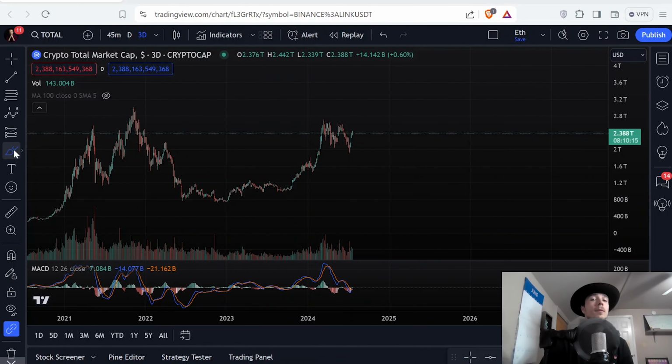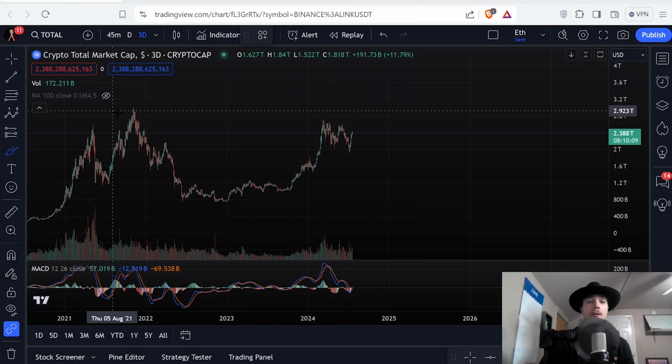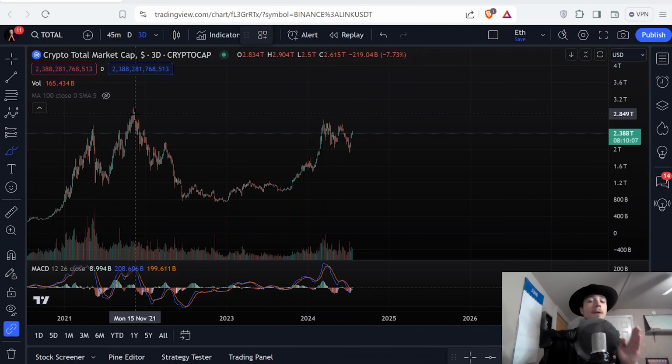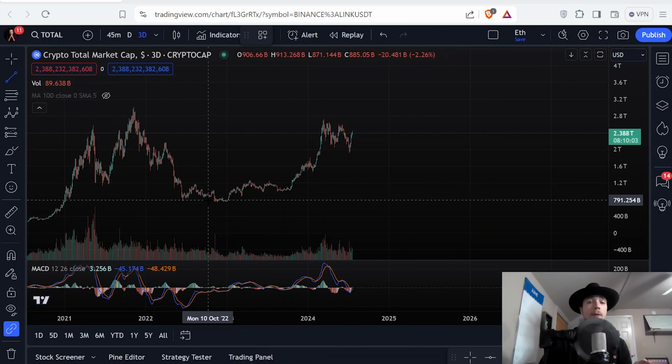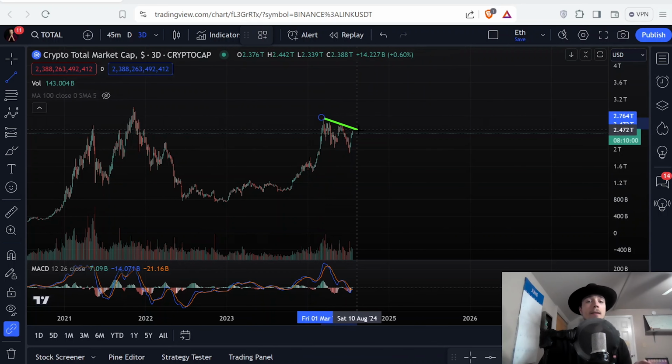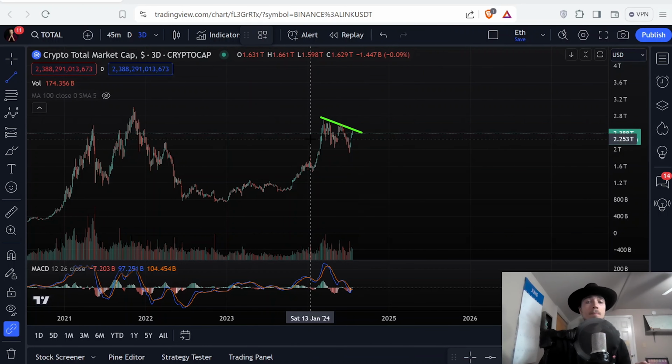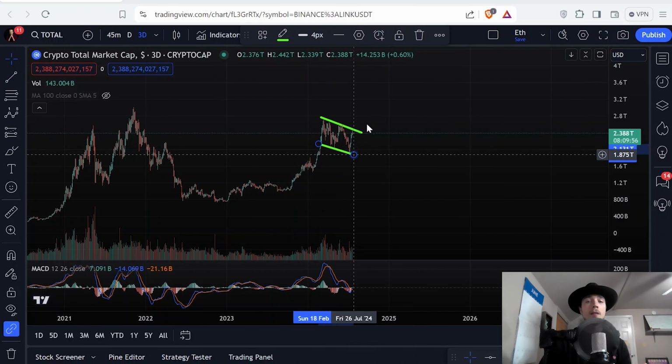And right now, we see just the most beautiful, perfect structure ever. We have this really, really perfect setup here with the total market cap, where we have a bull flag right here, first of all. So this is a bullish flag.